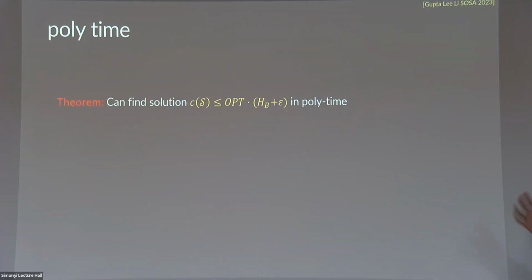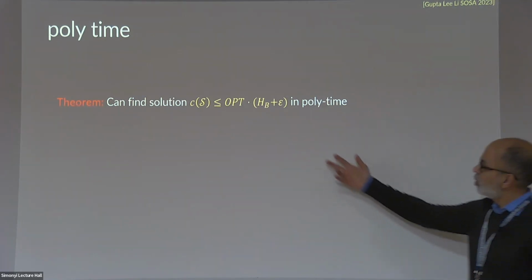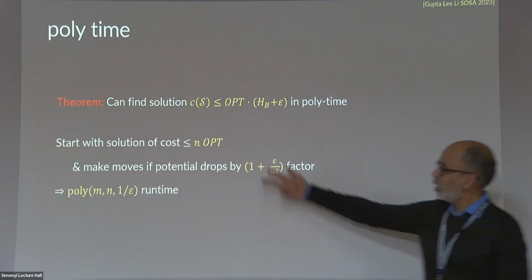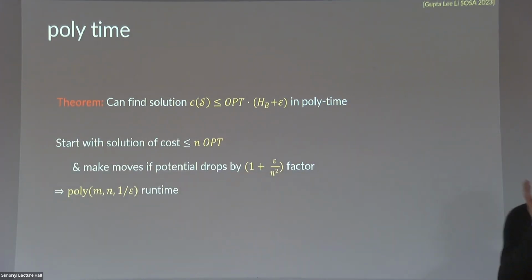But here is a standard trick. Start off with a solution of cost which is not crazy, let's say n times the cost of the optimum solution. How would you do this? For every element, pick the cheapest set that covers it. That's cost no more than opt.